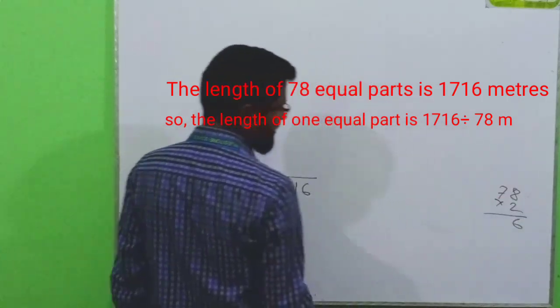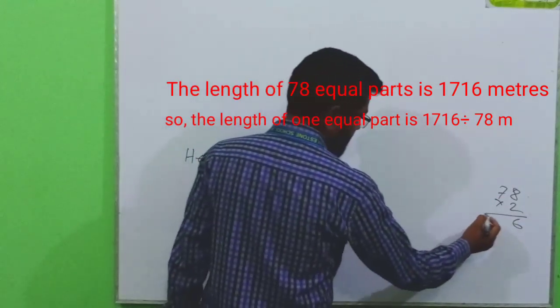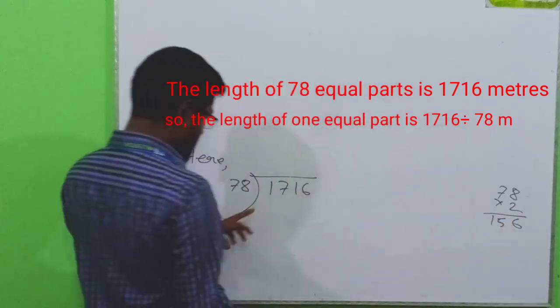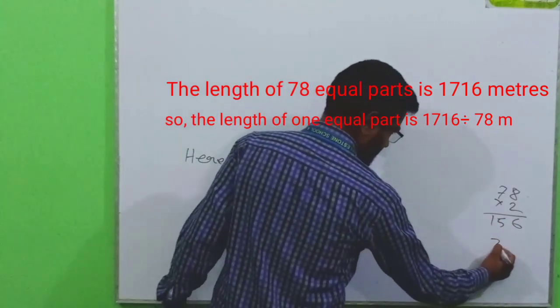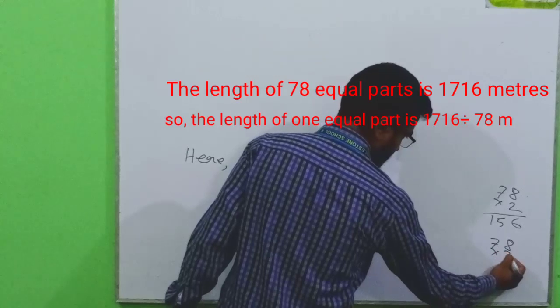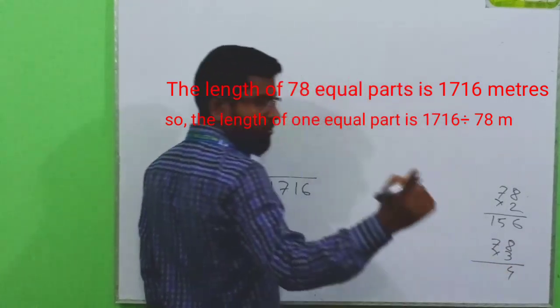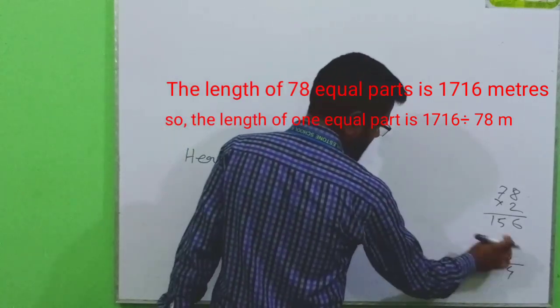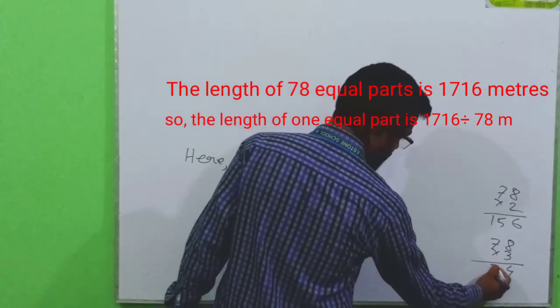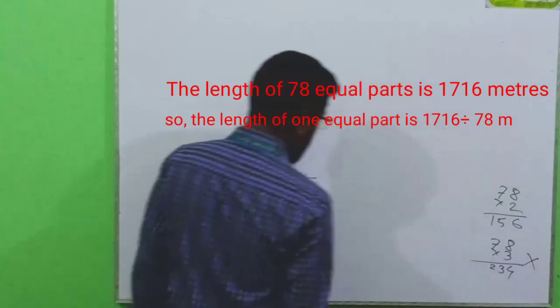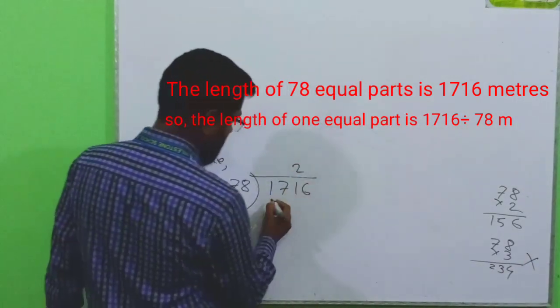Then 2 7s are 14, 14 and 1 is 15. It is not. Go for 78, go for 3 times. 3 8s are 24. In your hand how many? 2. 3 7s are 21 and 2 is 23. Oh, it is bigger. So go for 2 times.